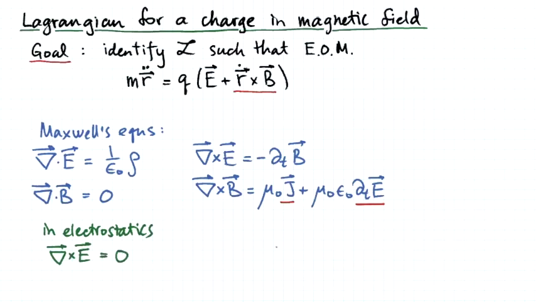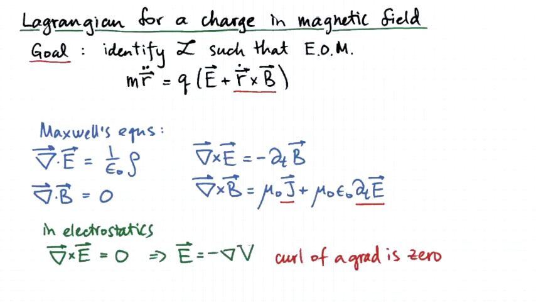Here we can use a fact from vector algebra that curl of a gradient is zero. In other words, we can always represent electric field as a gradient of some potential. The minus sign here is just a matter of convenience.